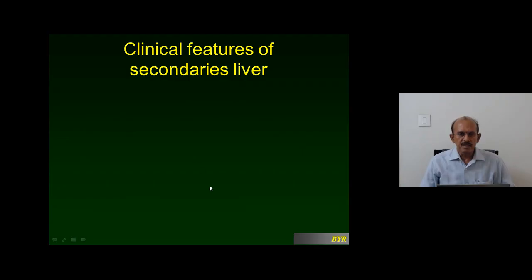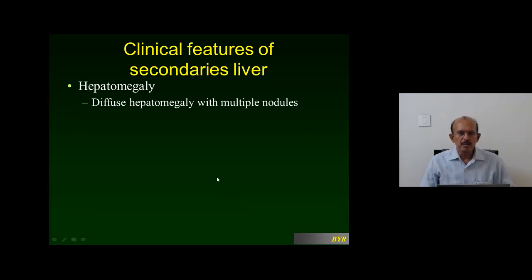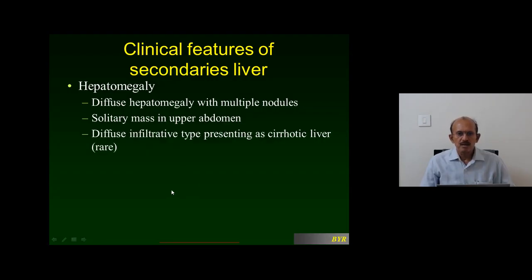Clinical features of secondary liver. There will be hepatomegaly, diffuse hepatomegaly with multiple nodules. There may be a solitary mass in the upper abdomen, either from the right or left lobes of the liver. Diffuse infiltrative type presenting as a cirrhotic liver is very rare.